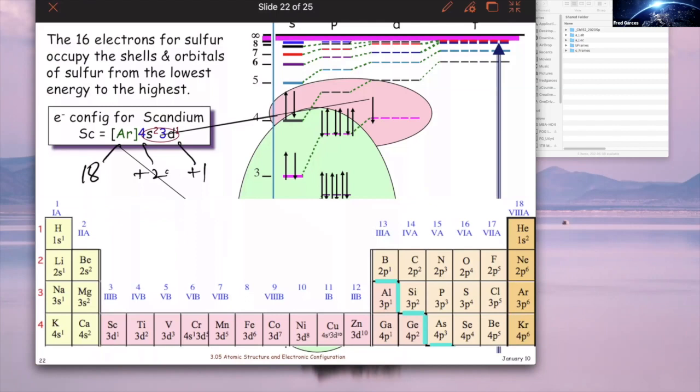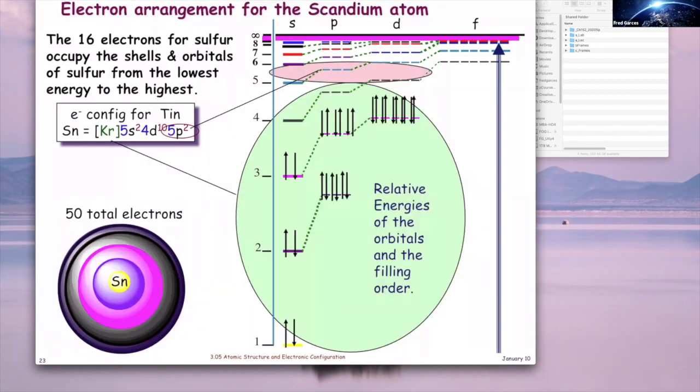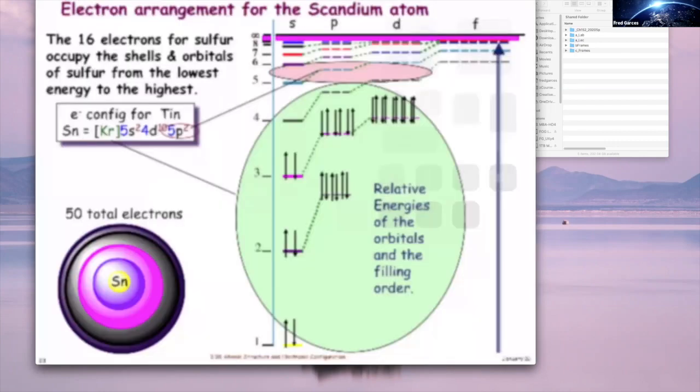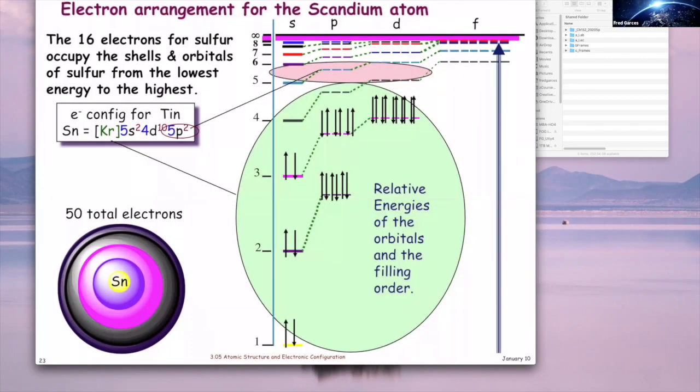This is tin. For tin, krypton is the previous noble gas. That represents 36.